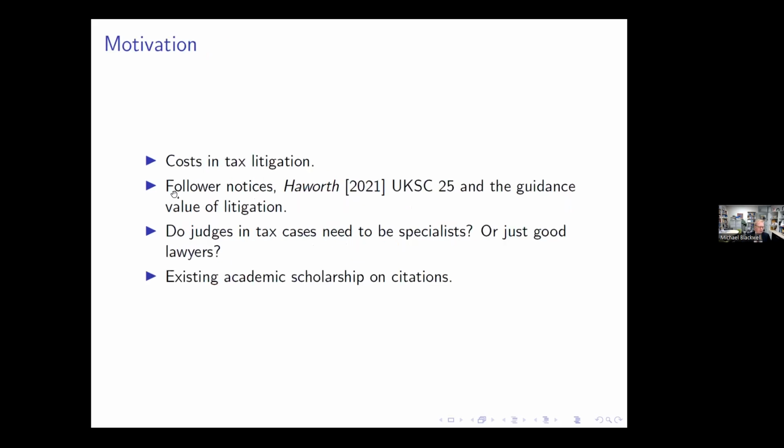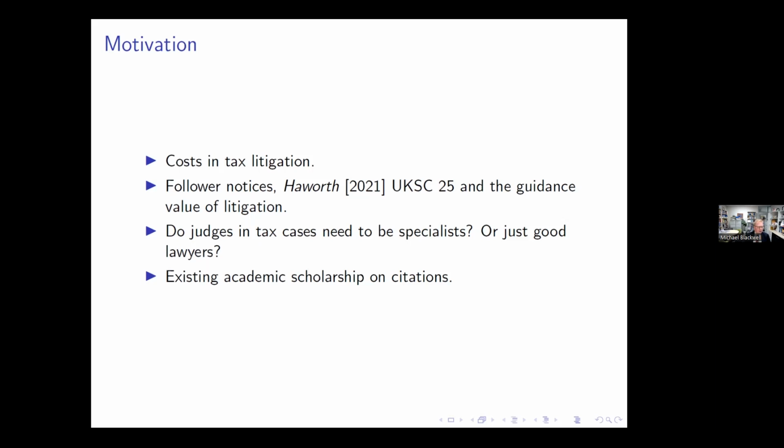So the motivation for this: there are a number of policy reasons that make it important to understand the guidance value of litigation. First of all, costs, in terms of whether adverse costs are awarded and whether we have a system that encourages or discourages them. It's interesting from the UK's perspective: when VAT was introduced in the UK in the 1970s, the policy was that HMRC would never seek to recover costs from the taxpayer, but the taxpayer would be allowed to recover costs if they were successful.